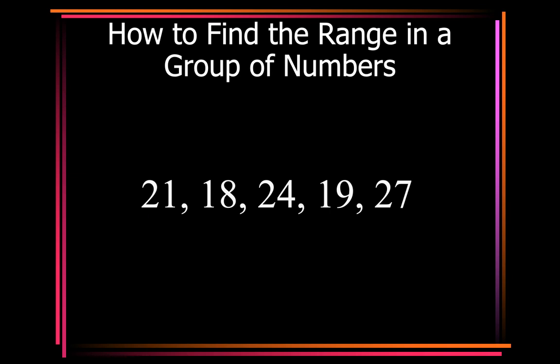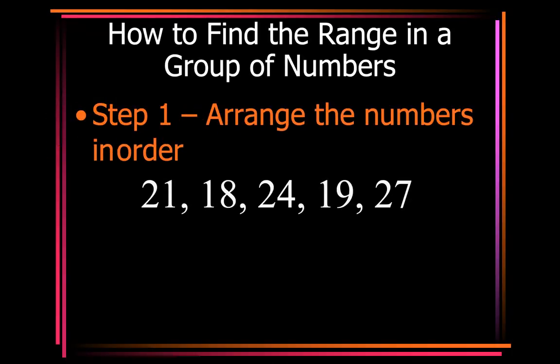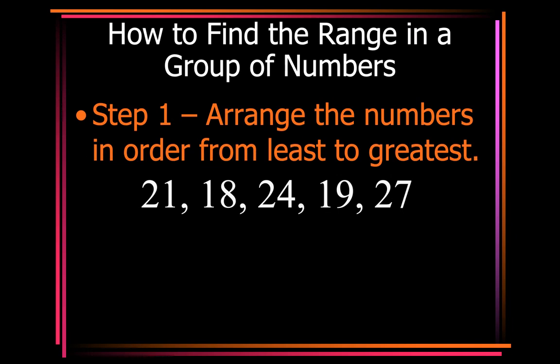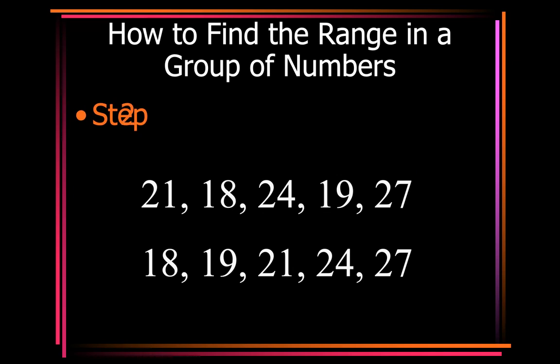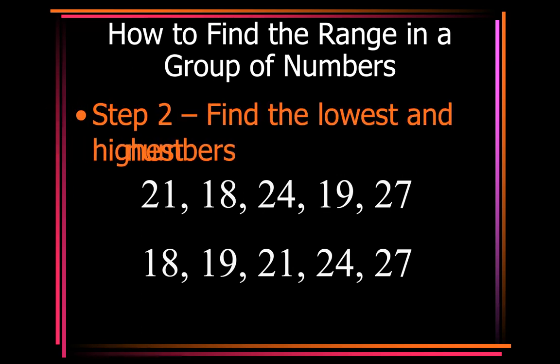So again, when you're finding range, it makes the most sense to arrange the numbers in order from least to greatest. So if I take 21, 18, 24, 19, and 27, they're clearly not in order. I should put them in order so that I don't accidentally subtract 27 by 21. 27 minus 18 is what we're going to do next, because after you arrange them in order, you're going to find the lowest and the highest numbers.